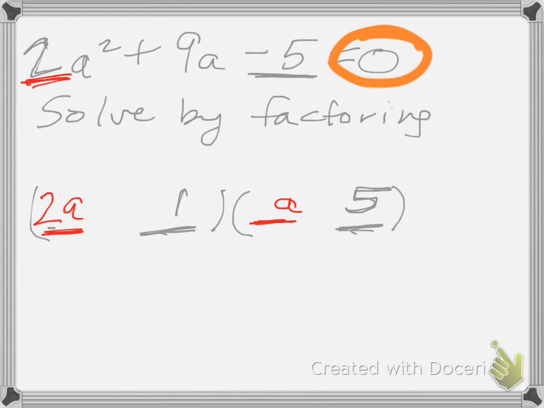If I put my 2 there and my 1a there, can I get to 9 if I foiled that? If I foiled, that would give me a 10a, and that would give me a 1a. And if this was a negative, and that a plus, then I could get to 9.